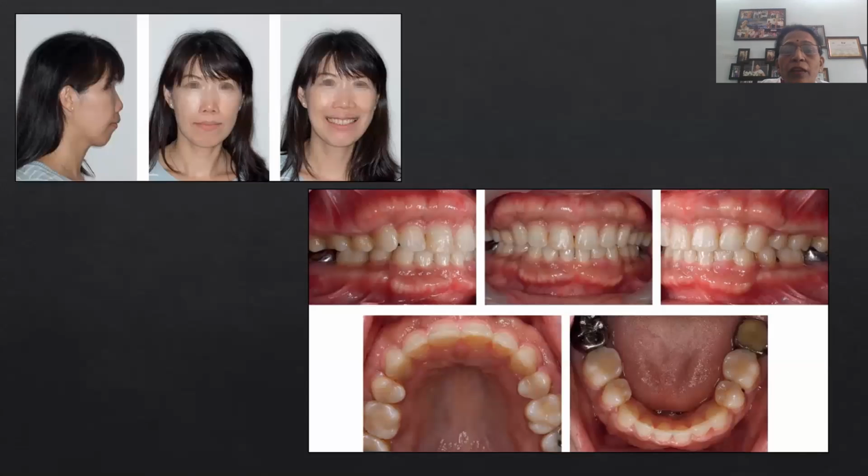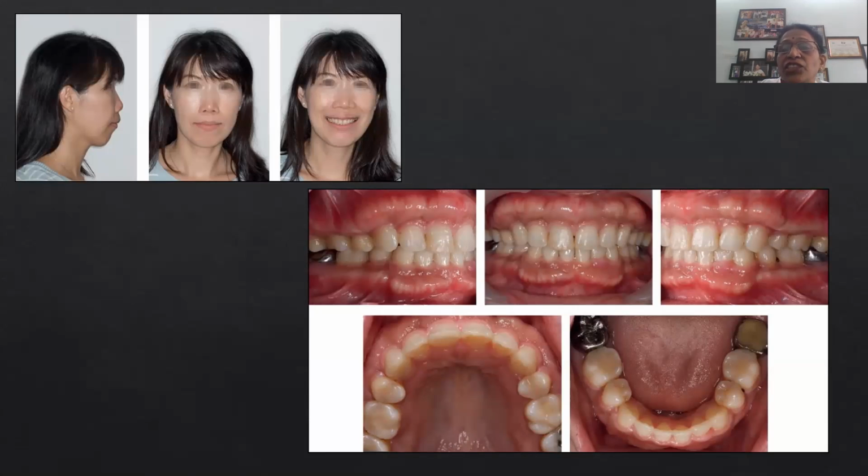So they got almost 6 mm of intrusion of the maxillary incisors, 5 mm of intrusion of the maxillary posteriors, 2 mm of intrusion of the mandibular incisors, and 2.5 mm of intrusion of the mandibular molars. With this, the mandibular plane closed down by 4 degrees, and the chin point came forward by 6 millimeters.